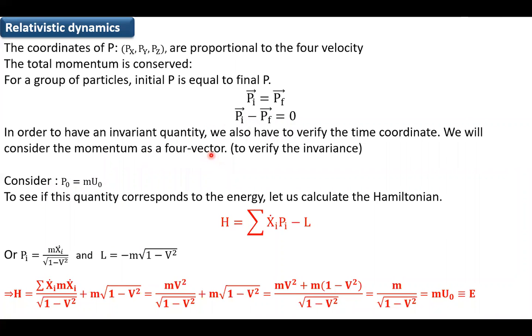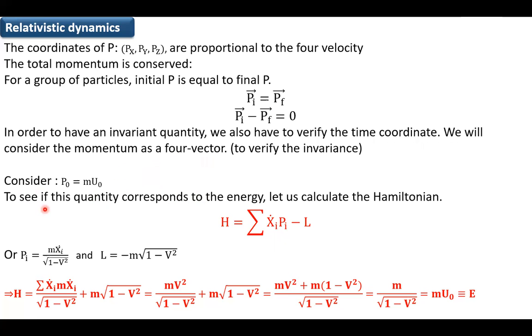Here we have to add P0, the fourth coordinate or the time coordinate, in order to get a 4 vector, which would be the 4 momentum. So P0 should be equal to m times u0, because Px is equal to m ux, Py is equal to m uy, etc.